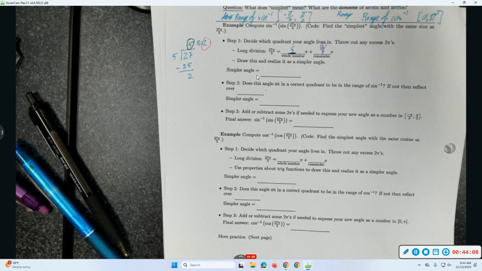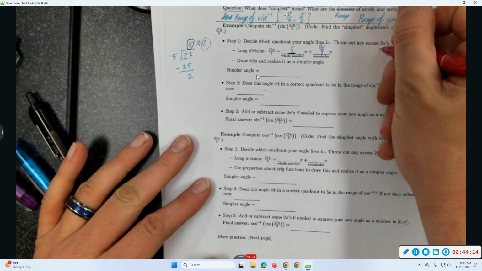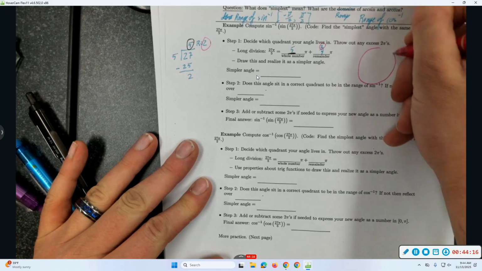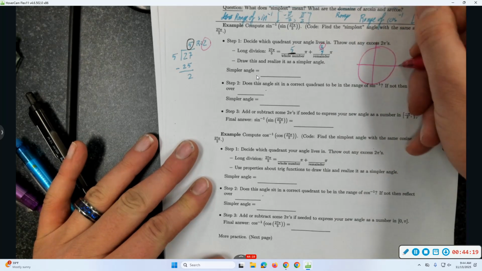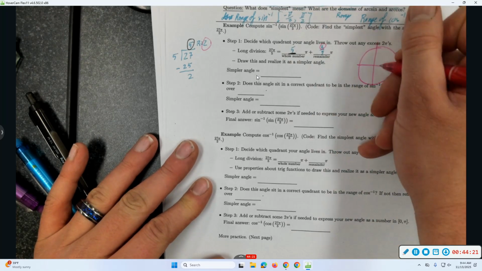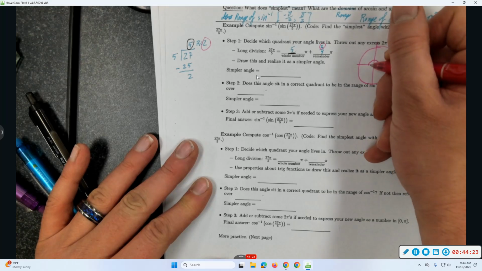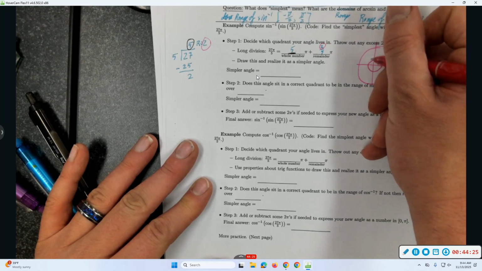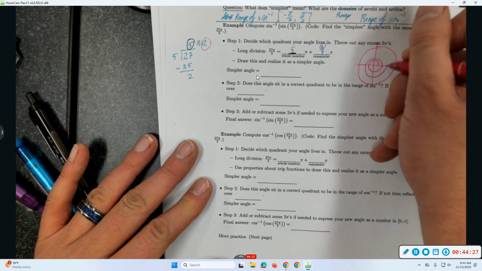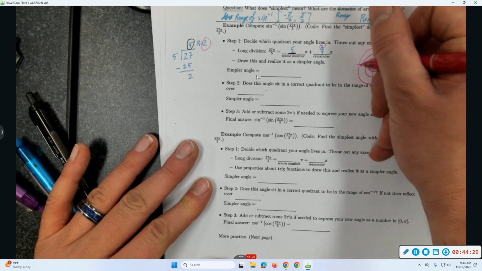Alright, so let's draw a picture of that and throw out any excess 2 pi's. I'm going to draw myself a unit circle. I'm going to start by counting out 5 pi of rotation: 1 pi, 2 pi, 3 pi, 4 pi, 5 pi.